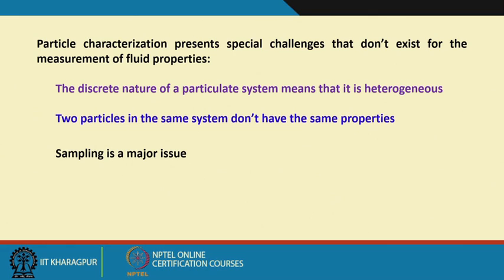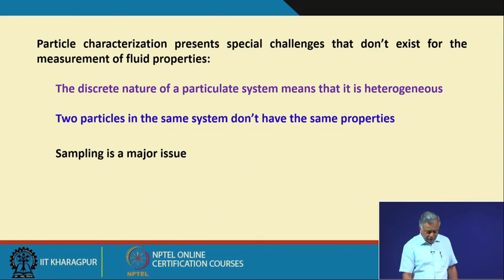We have to collect a representative sample which represents the entire population, and then characterize that representative sample. So, in summary, sampling is a major issue. Although this week we are not going to discuss sampling, we will deal with this subject sometime later.